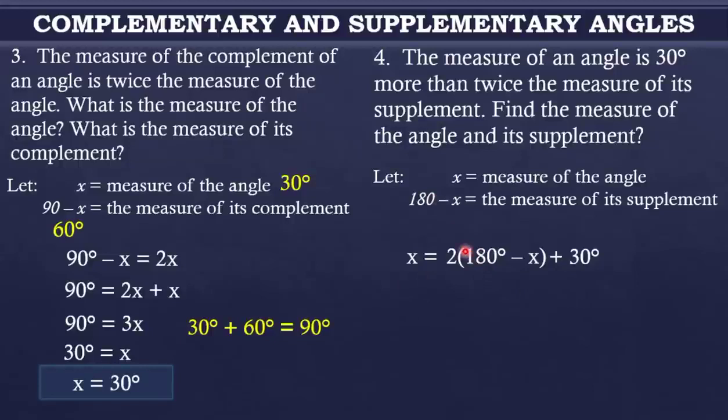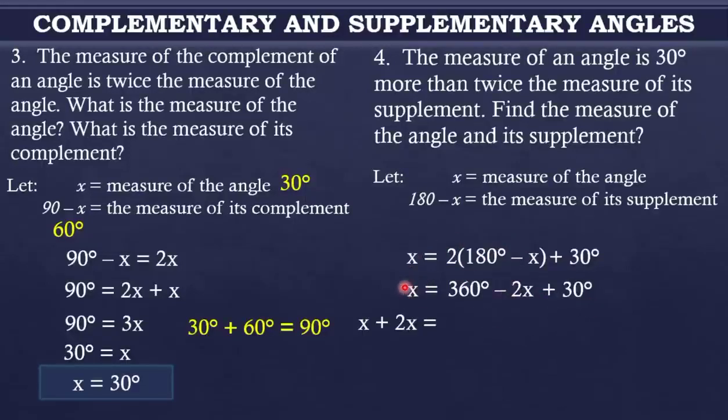First, let us distribute. x is equal to 360, and 2 times negative x, so negative 2x, plus 30. Then combine similar terms: x plus 2x.